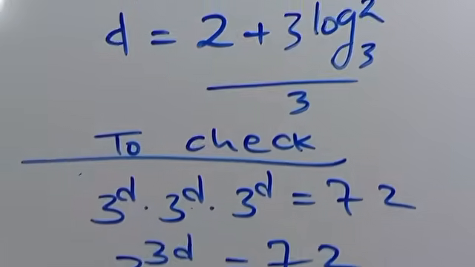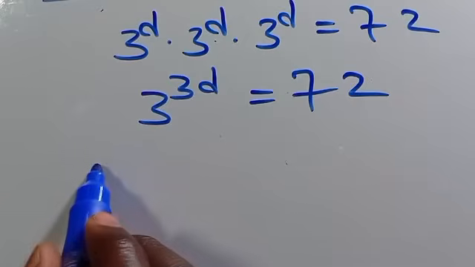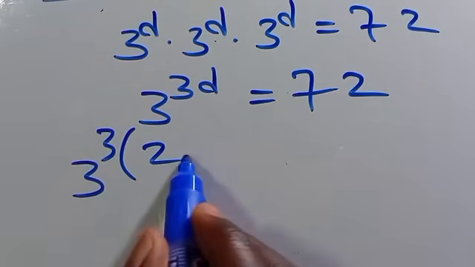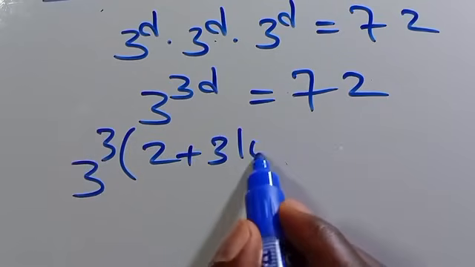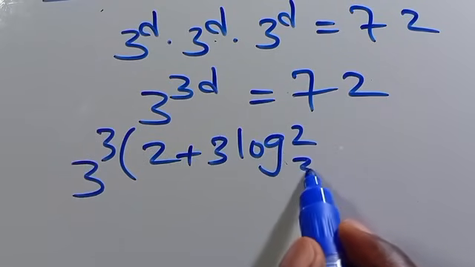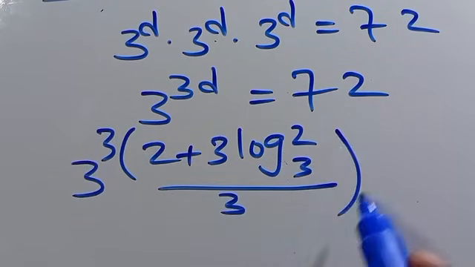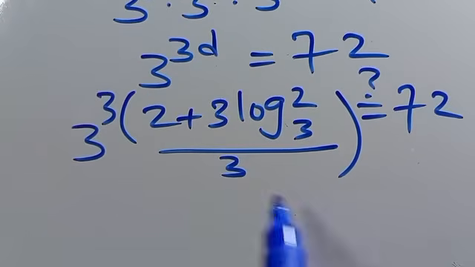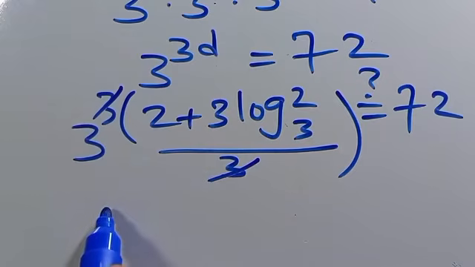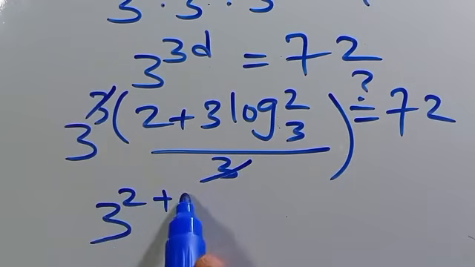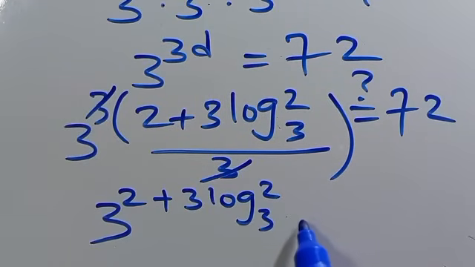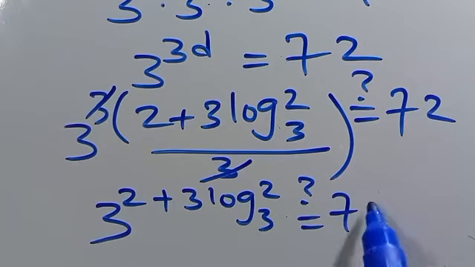When d equals this, we are going to have 3 to the power of 3 in parentheses, 2 plus 3 multiplied by log 2 in base 3 over 3. Then it's going to give us 72. So this, we cancel out this. We have 3 to the power of 2 plus 3 times log 2 in base 3. Then it's going to give us 72.